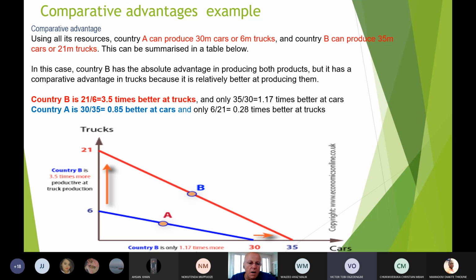As I said to you here, country B becomes the trade partner in the trucks because they have the lower advantages in the inputs, or probably the factors of production. And country A has it for the cars.